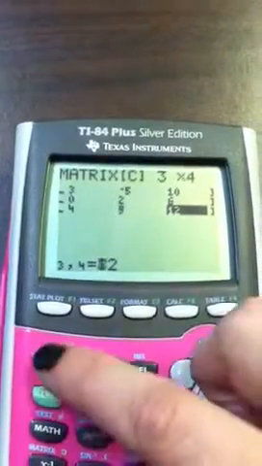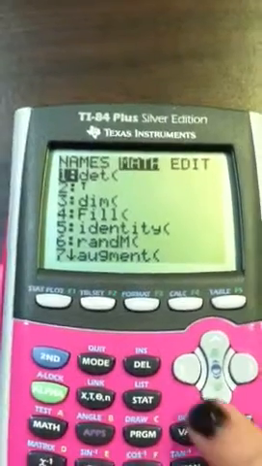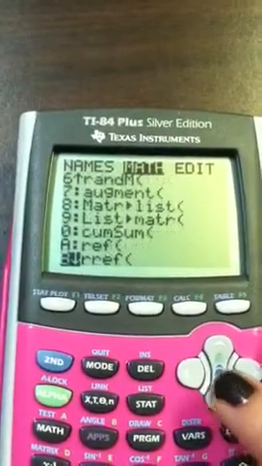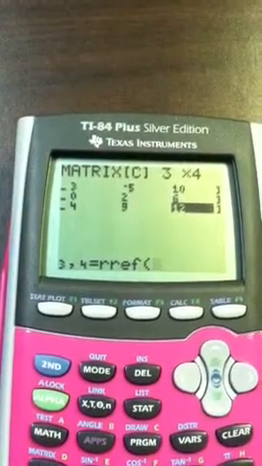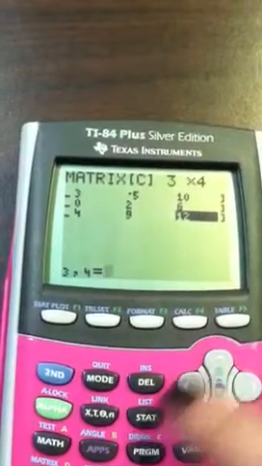Next I'm going to go back to my matrix menu, and go to the math button. If I scroll down, I go to the RREF. I'm going to click on that, and then I just made a little mistake here.